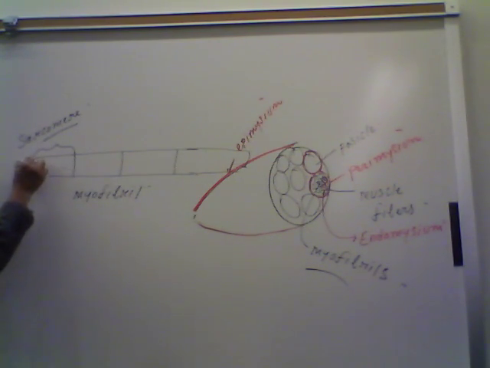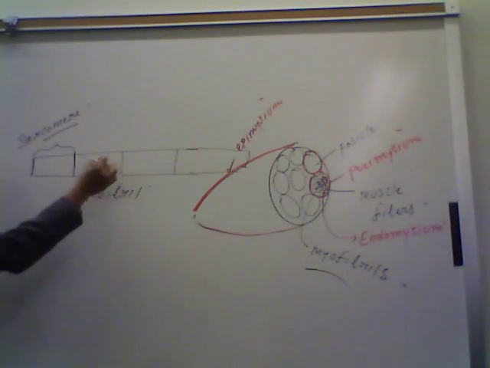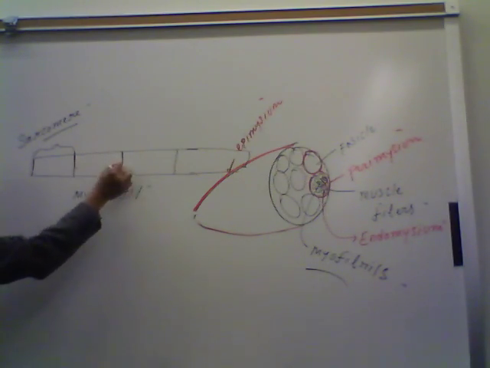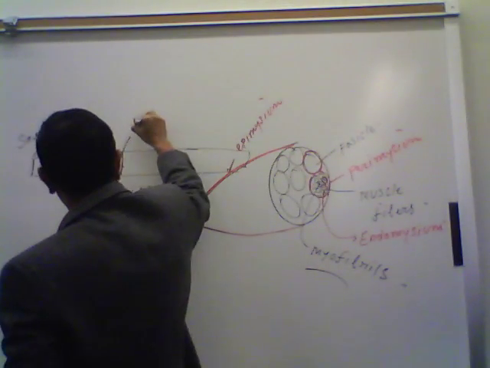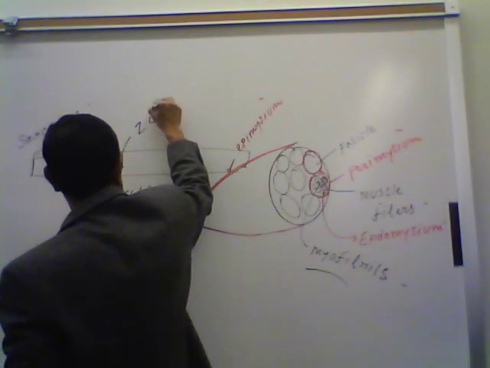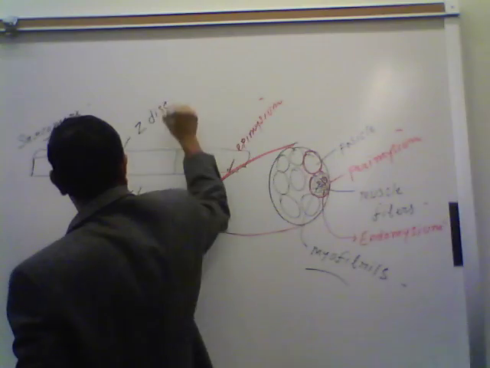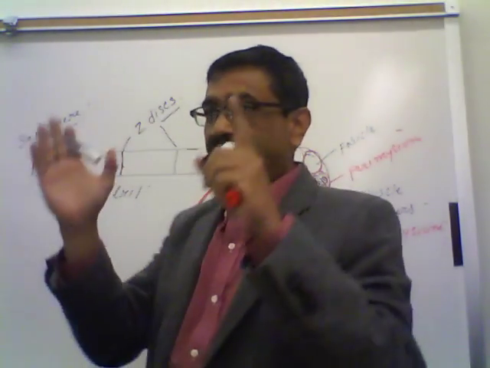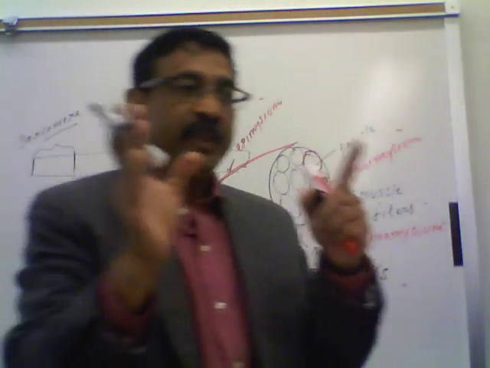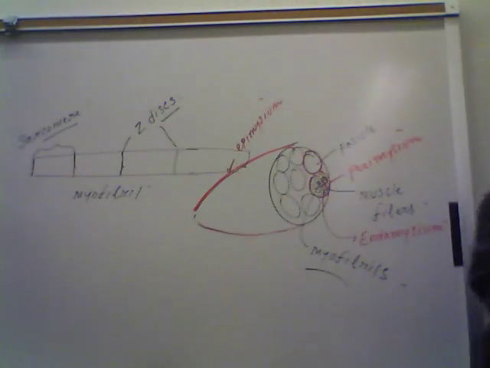So this is one sarcomere here to here, this is another sarcomere here to here, and sarcomeres are separated by Z discs. Okay, so the sarcomere is the segment between two Z discs.